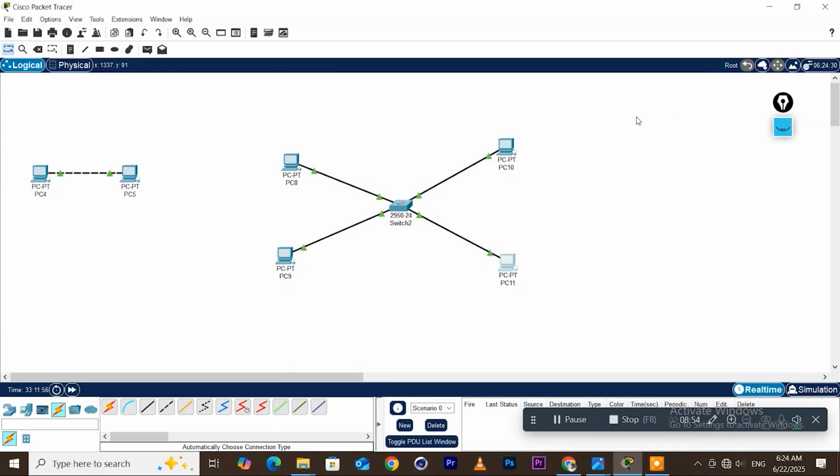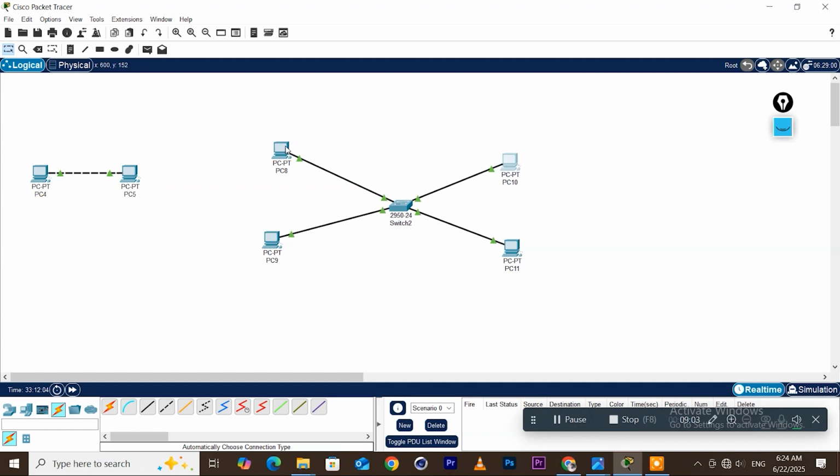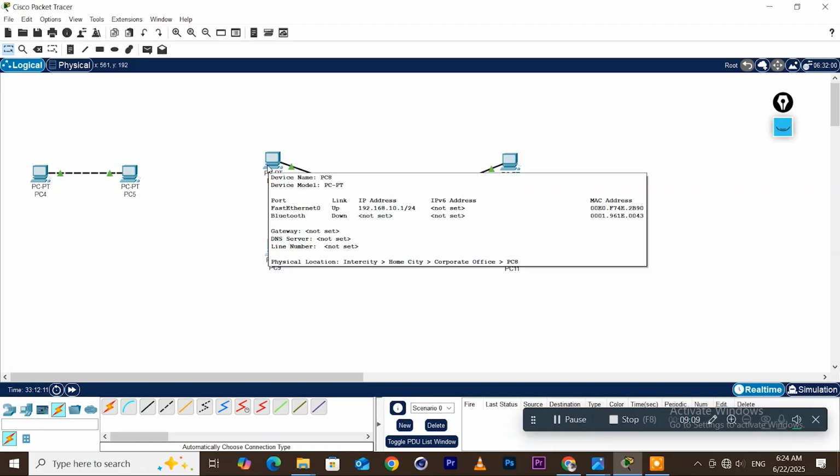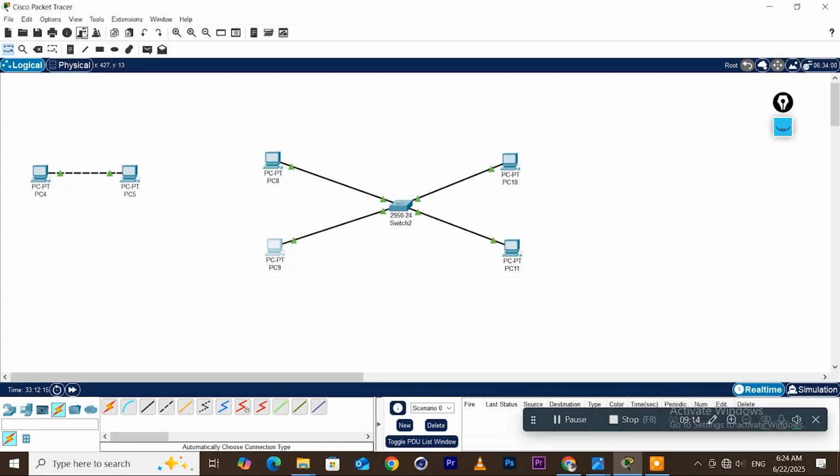Okay, so let's say we have given each connection a different IP address. Let's try to ping from this PC to this PC. Let me just put these IP addresses for identification purposes: 192.168.10.1 and 192.168.10.3.